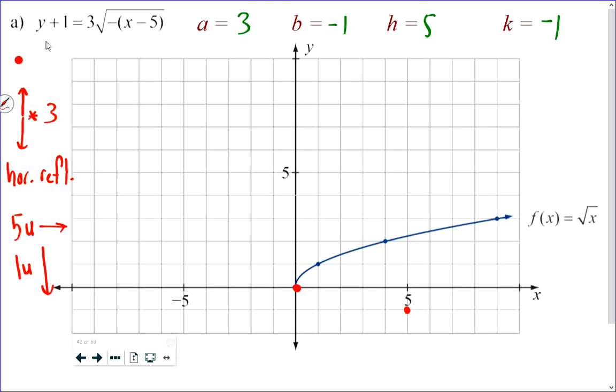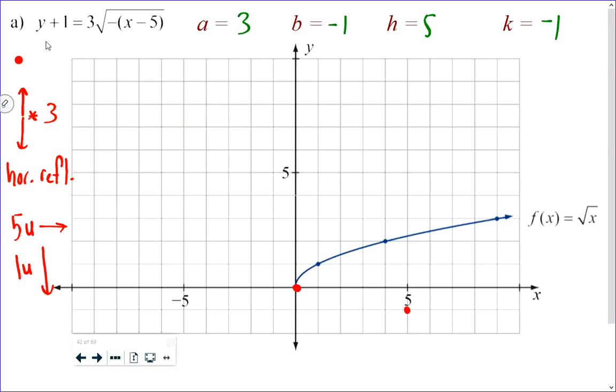Yep. What about the horizontal reflection? We'll get to that. It doesn't matter. The horizontal reflection will flip the graph over, meaning it will not, generally speaking, Ian, it will not do this. Instead, it's going to do this. But it's not going to change where the vertex is. And by the way, this is not how we're going to draw the graph.